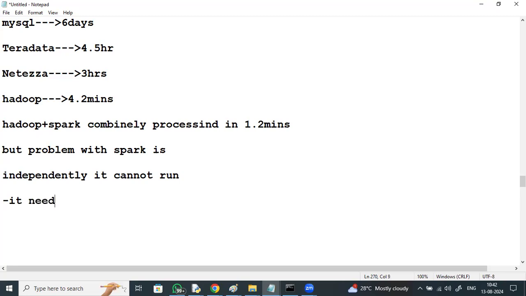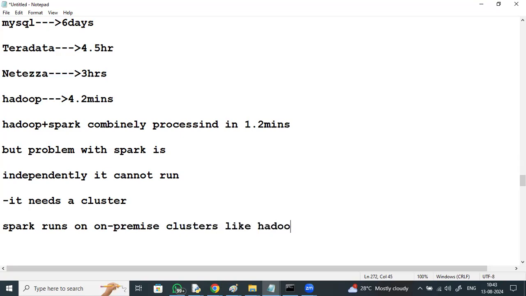It needs a cluster. So Spark runs on premise, like Hadoop.